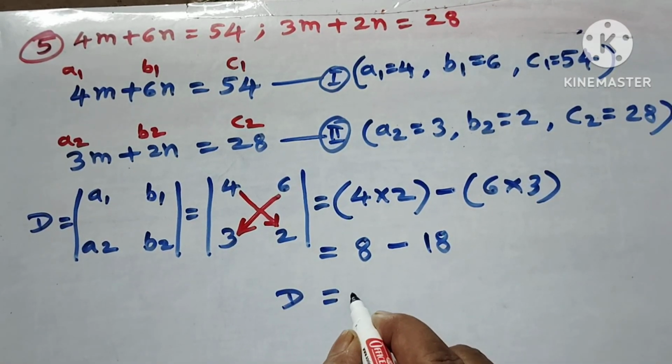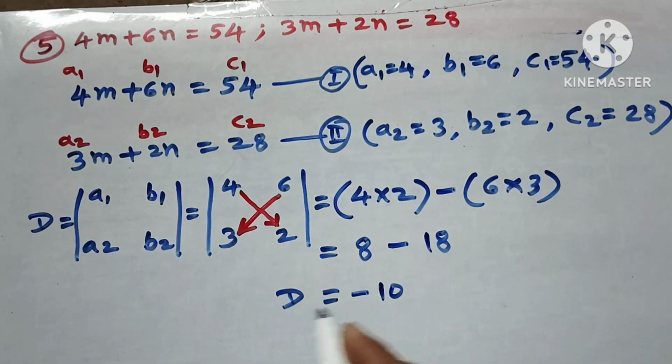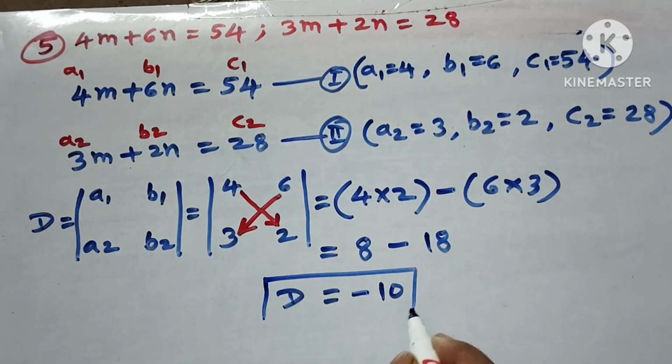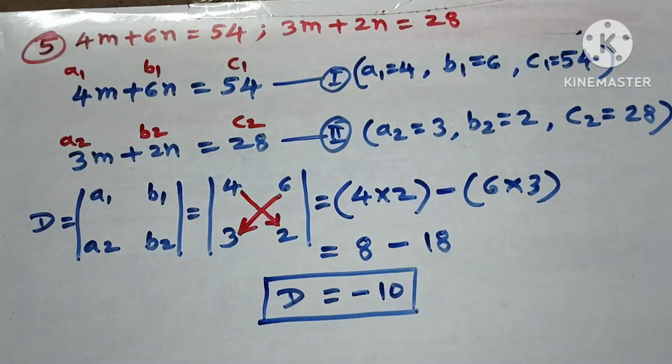Bigger number sign minus 10. Value of d is equal to minus 10.